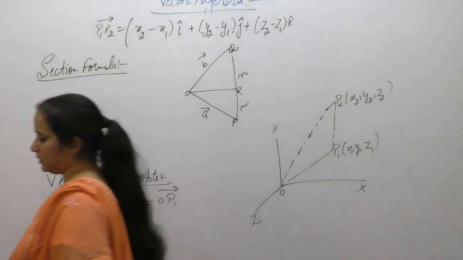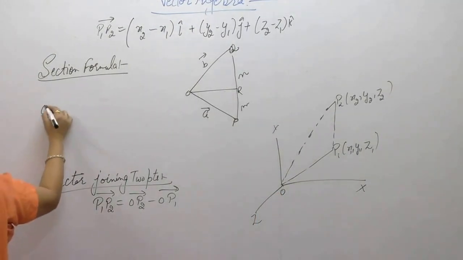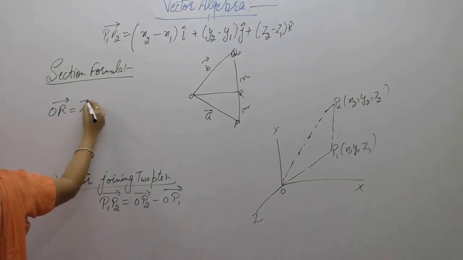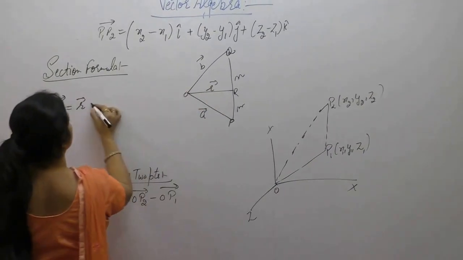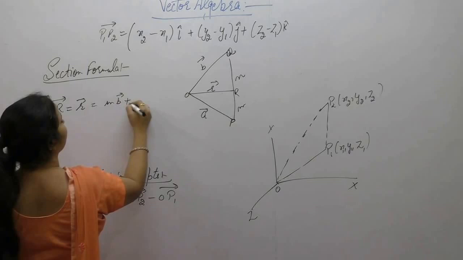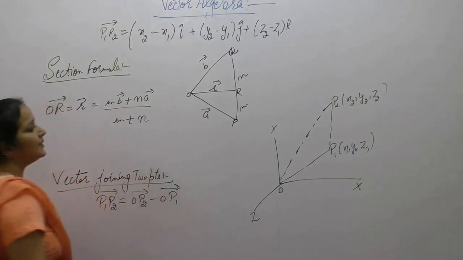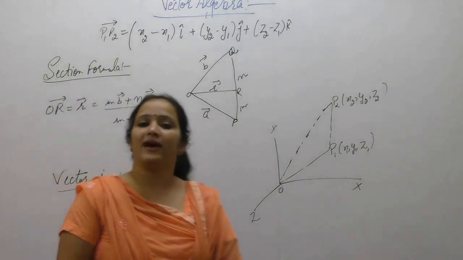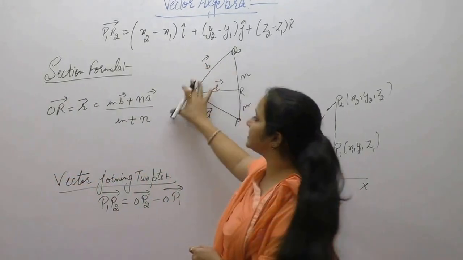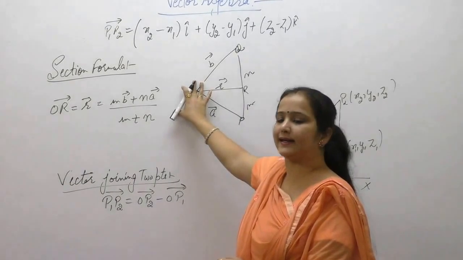Then OR, or R vector, is equal to MB vector plus NA vector upon M plus N. Section formula: when two vectors are divided internally.